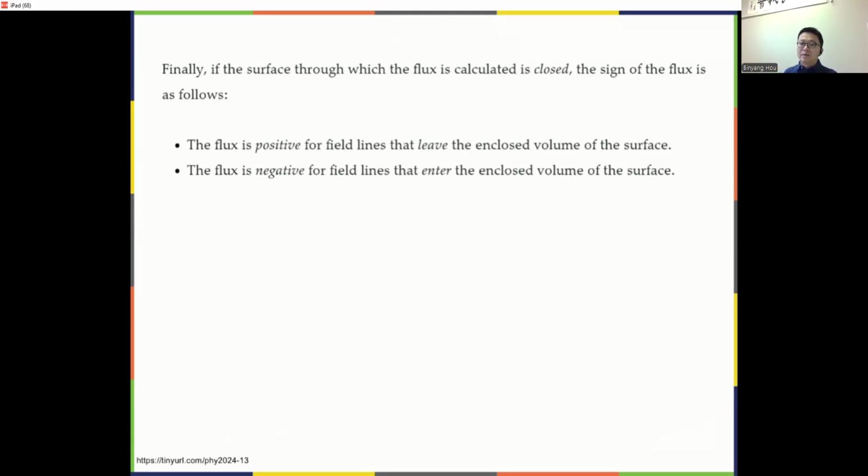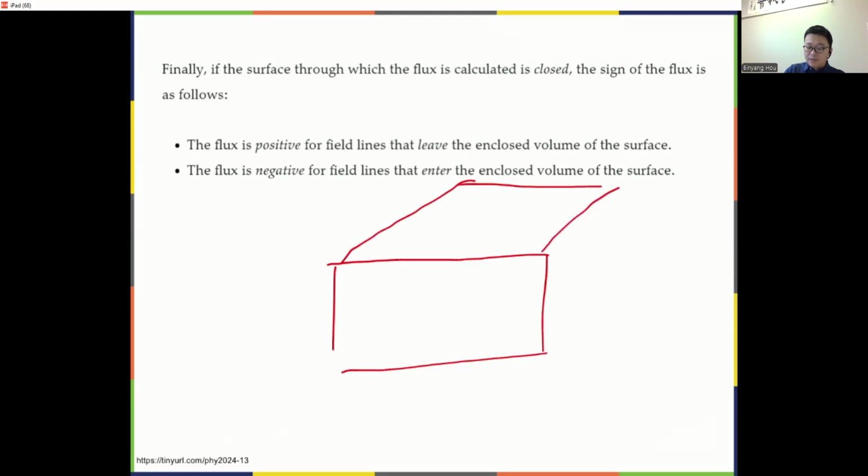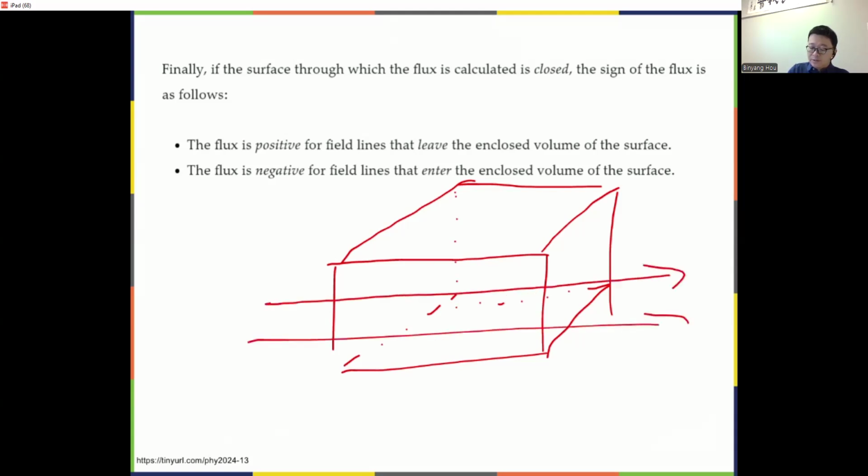Let me give you an example. Let's say we have a cubic surface or something similar, and the E field is going in this horizontal direction.